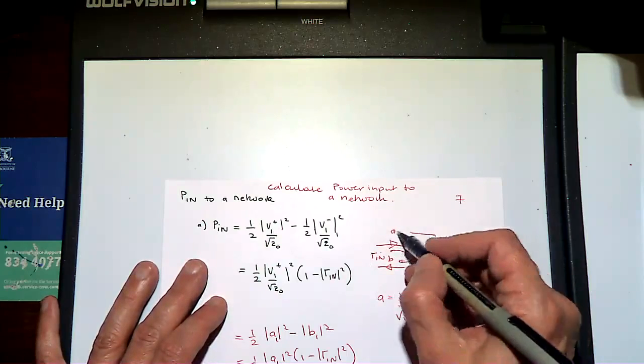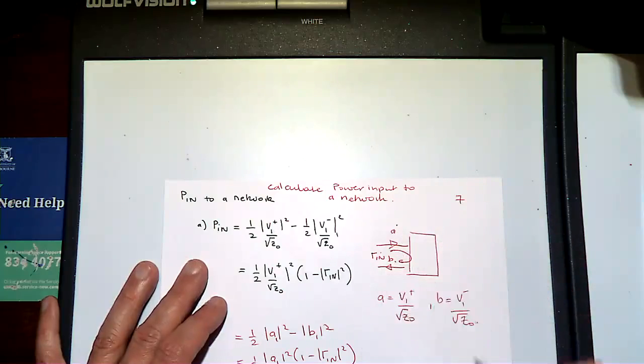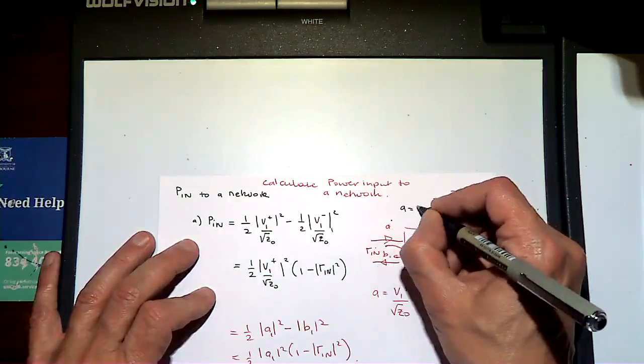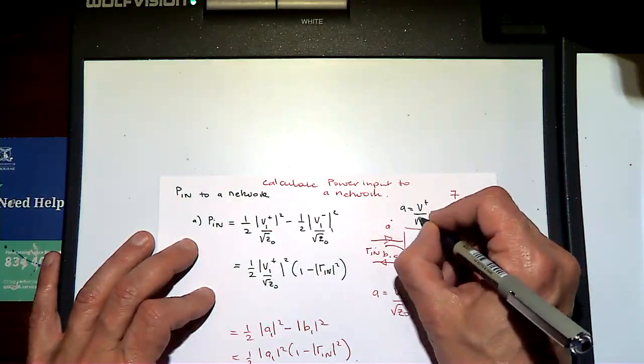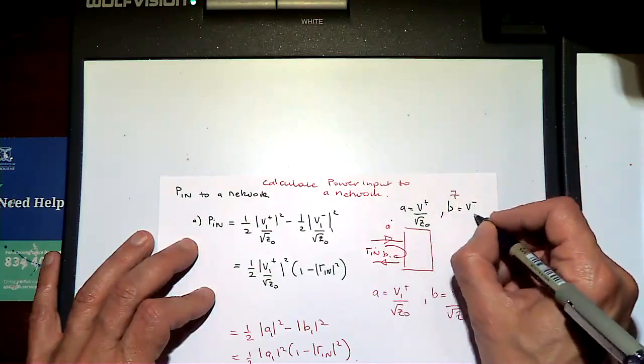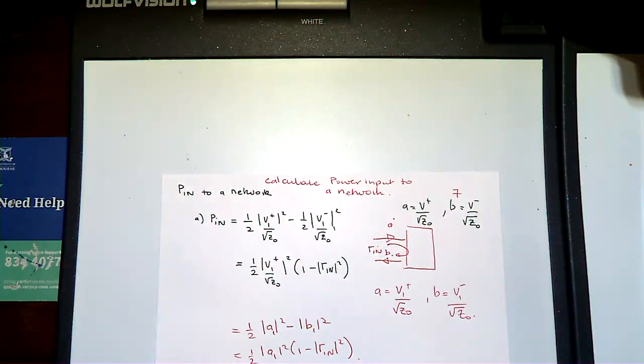So if I had an A going in and B going out, and A is defined to be, and B is defined to be, what's the power going into that network?